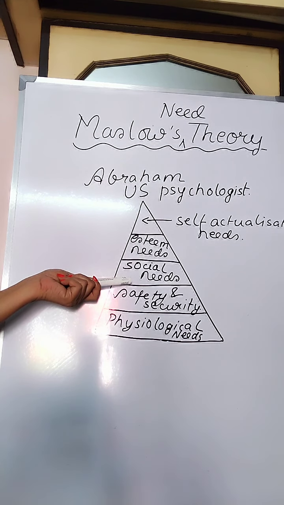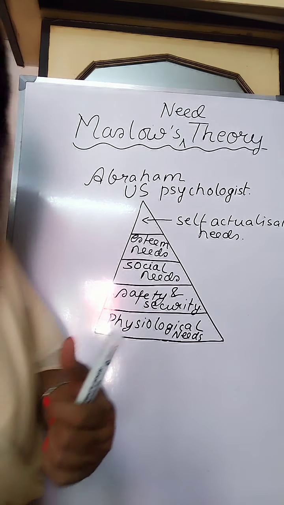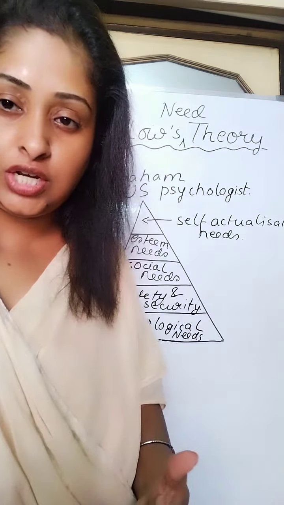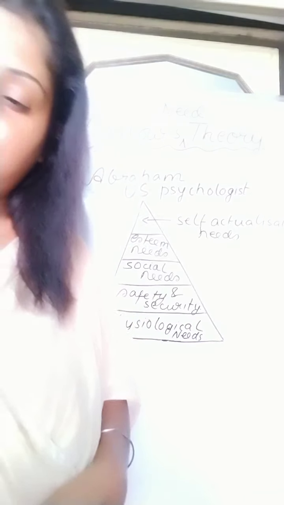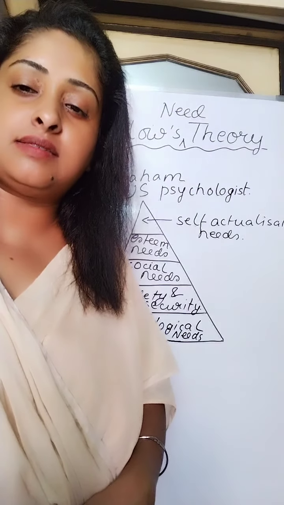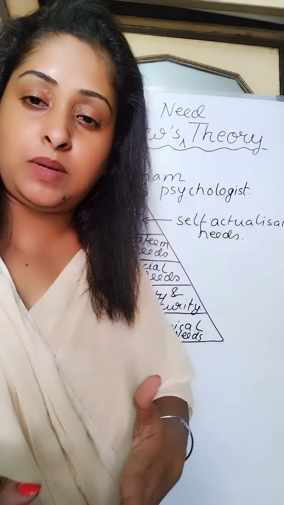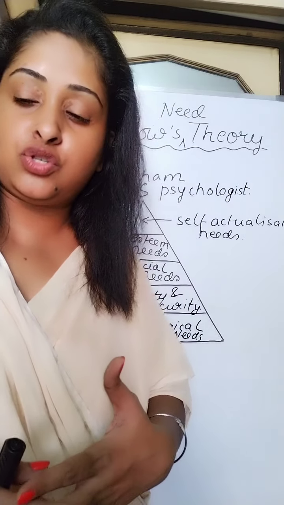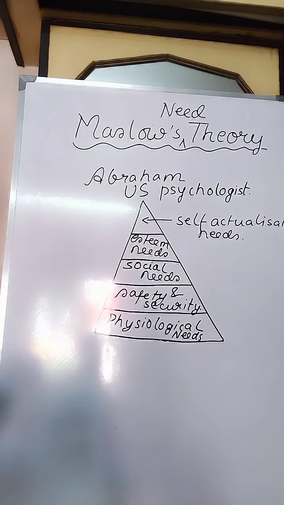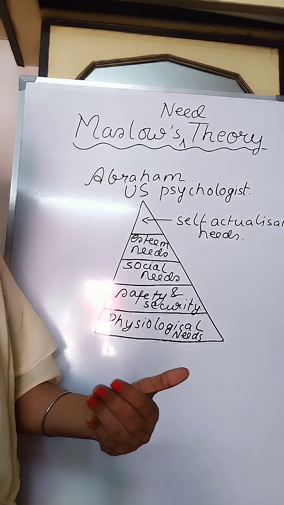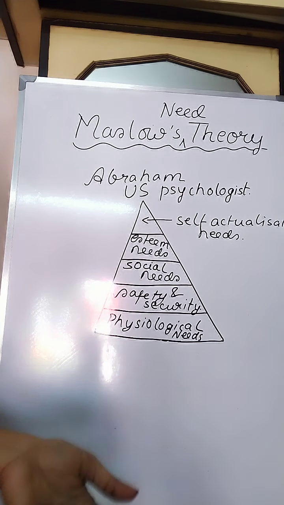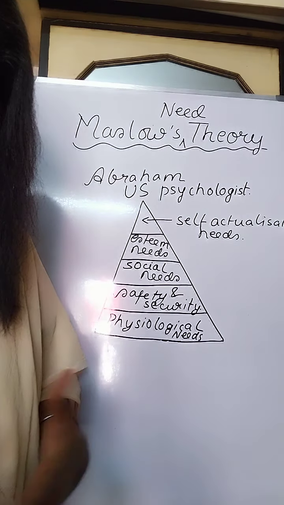Social needs are related to social interaction. They include affection, friendship, association, social groups. A human being is a part of society, so certain interactions have to be fulfilled. Therefore satisfying social needs becomes important. A human being is a social being. Every human being wants to build meaningful relationships with others.